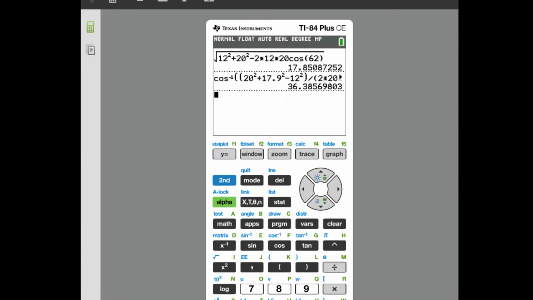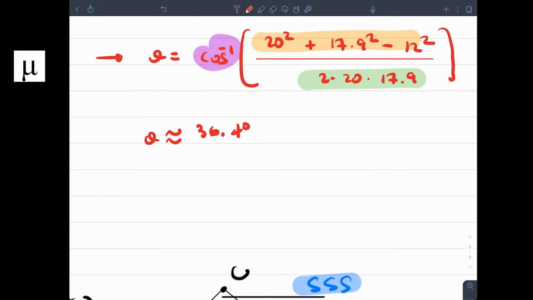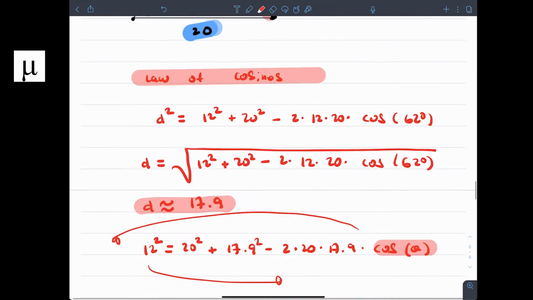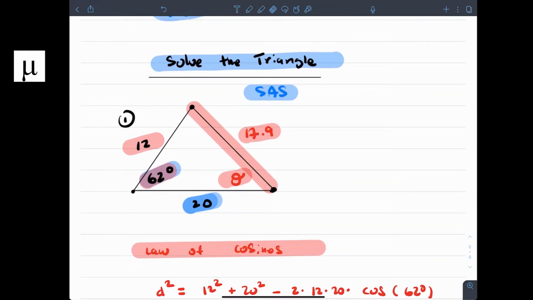What angle is this? 36 point what? 4 degrees. So, ladies and gentlemen, sure enough, I can get that 36.4 degree angle here.